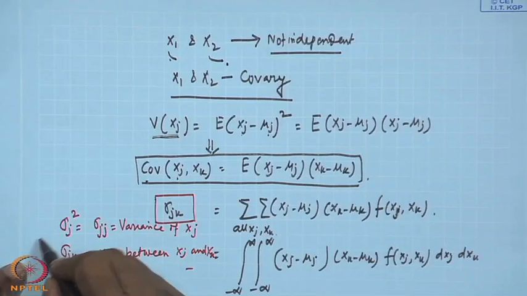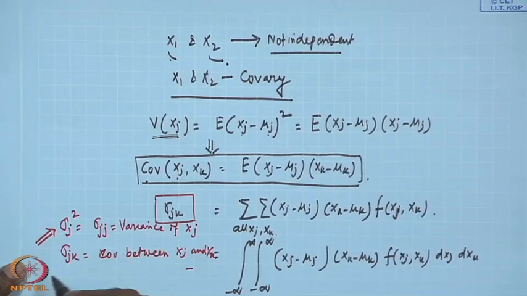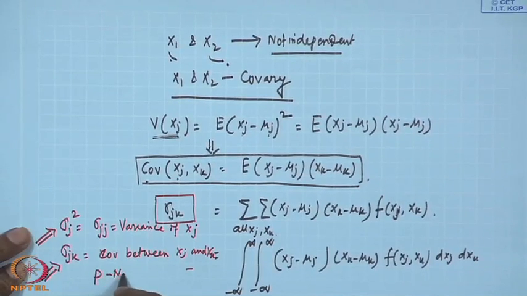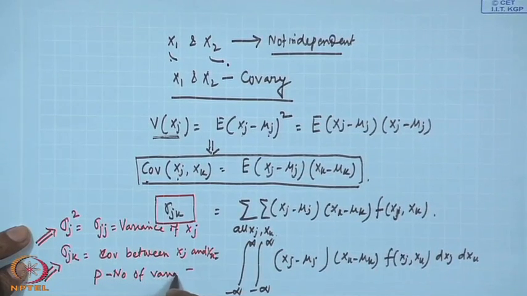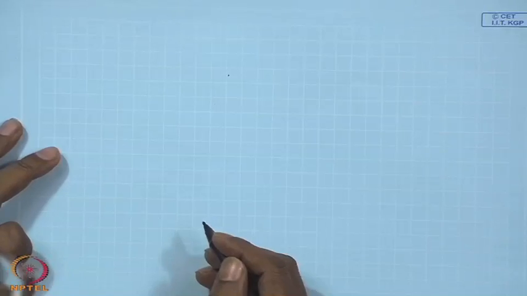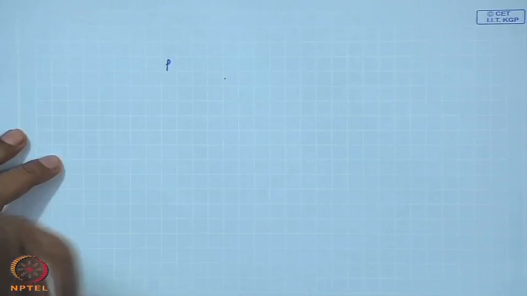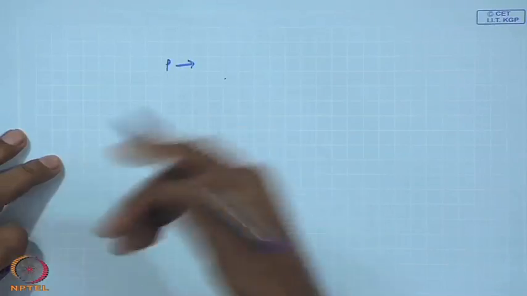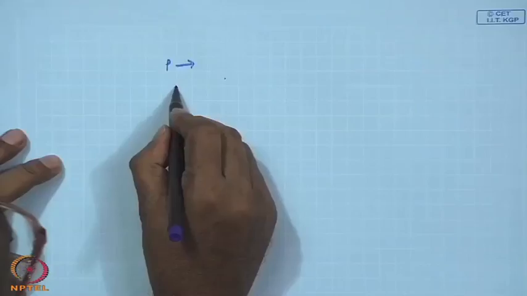So, you have sigma j square, you have sigma jk, and you have p number of variables. Can we not find out the population covariance matrix now? We are now in a position to write down the population covariance matrix. As there are p variables, covariance stands for every 2 variables, so how many elements will be there?